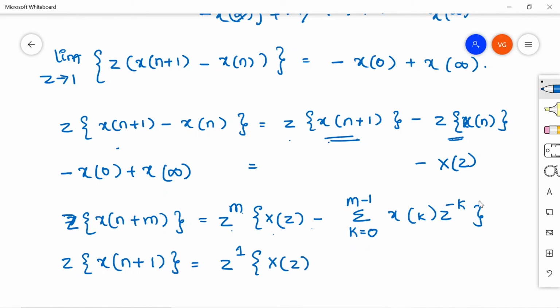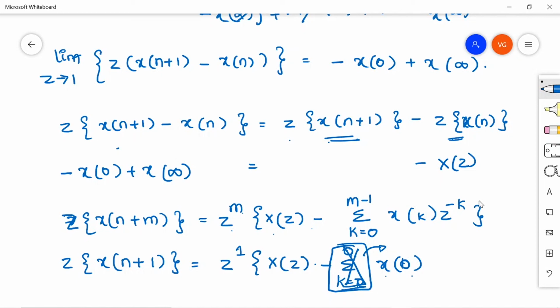X of z minus sigma k running from 0 to m minus 1, which is 0 minus 0, is 0. So the summation exists only for k equal to 0 here, as the upper limit and lower limit are both zero.